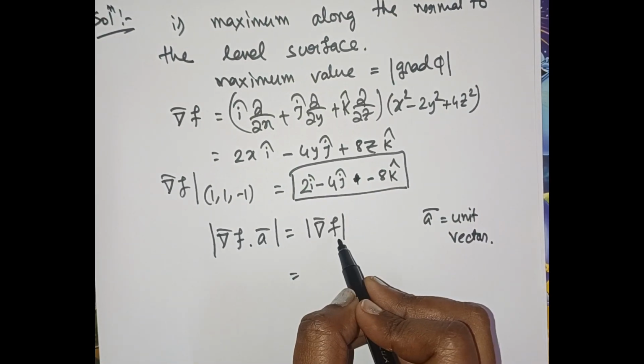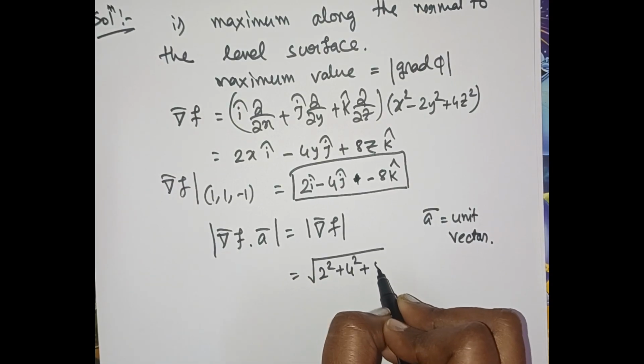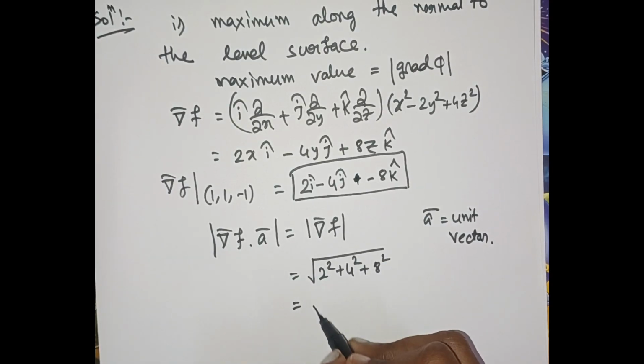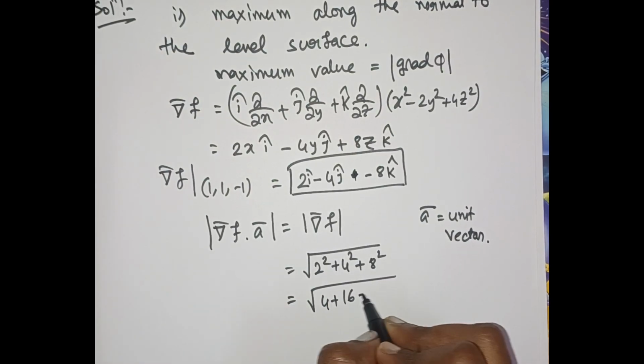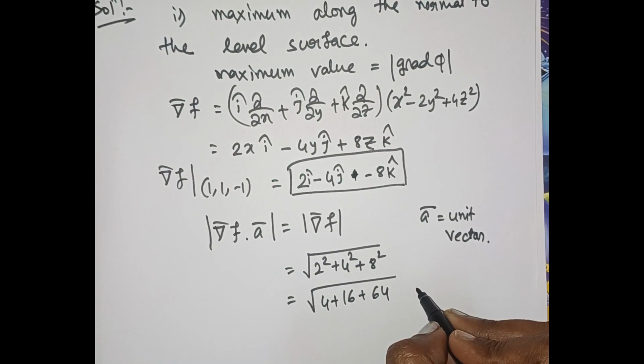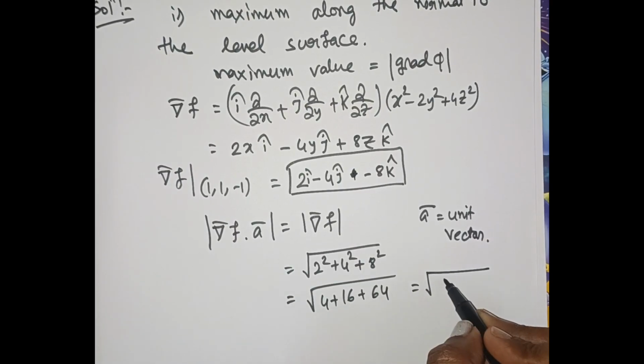And what is mod of grad f? That is square root of 2 square plus 4 square plus 8 square. So this is 4 plus 16 plus 64, that is equal to 20 plus 64, so 84.